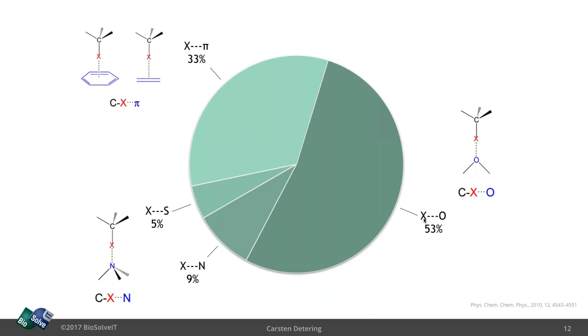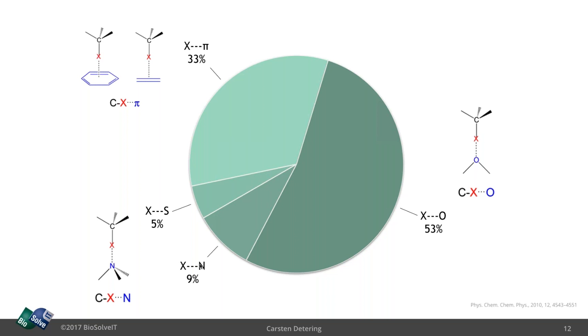53% of halogen atoms interacted to some degree with an oxygen, of which roughly 3/4 were with the backbone of the protein, and only some with serine and threonine, where there's a lot of competition with solvent molecules. 33% were between the halogen and a pi system, such as in tyrosine or phenylalanine or an amide, and only 5% and 9% respectively were with sulfur, such as in methionine, or nitrogen, such as in histidine.